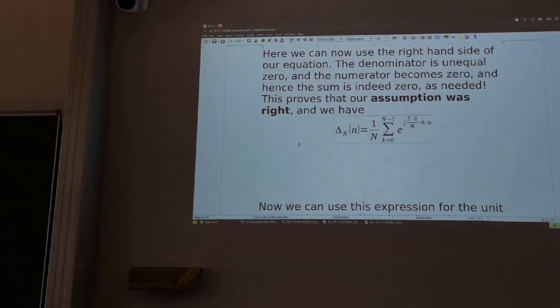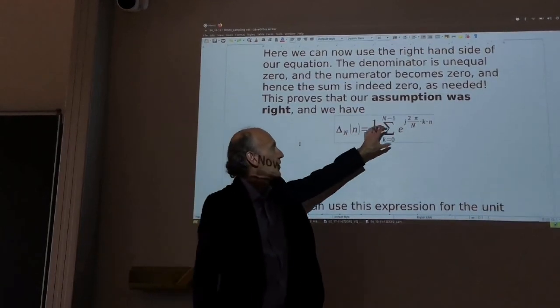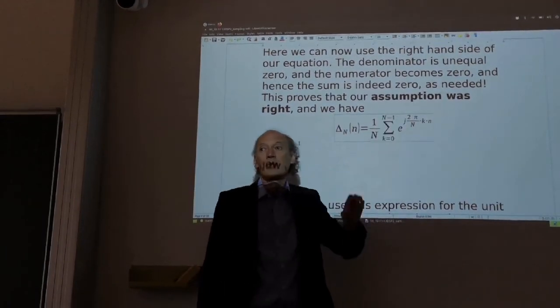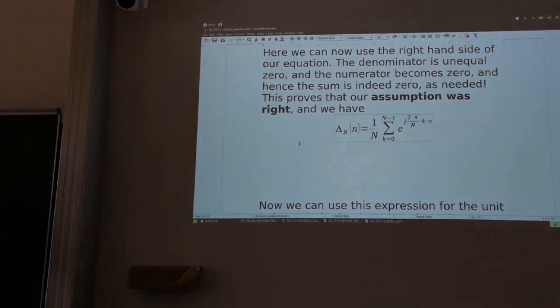Yeah, so now we know that our unit pulse string can be written as the sum of these complex exponentials. Which is kind of surprising because they are oscillations. Sums of oscillations now become a pulse train.